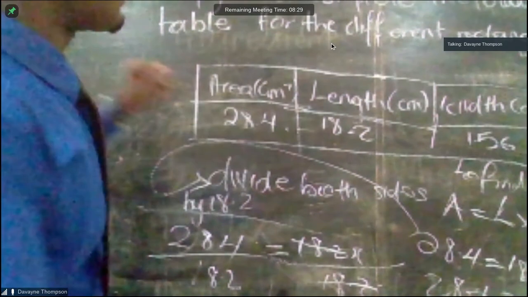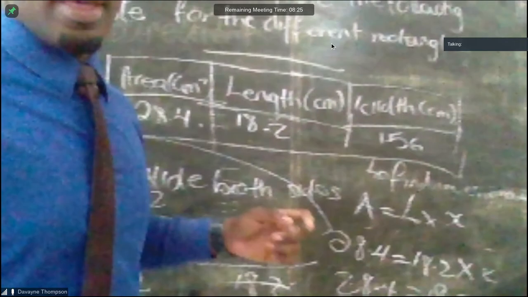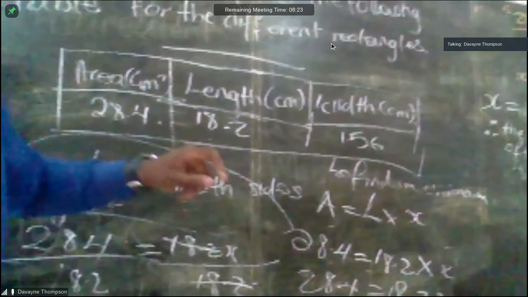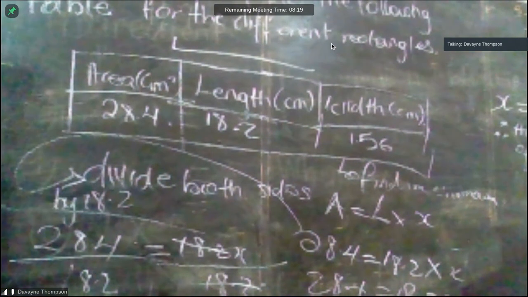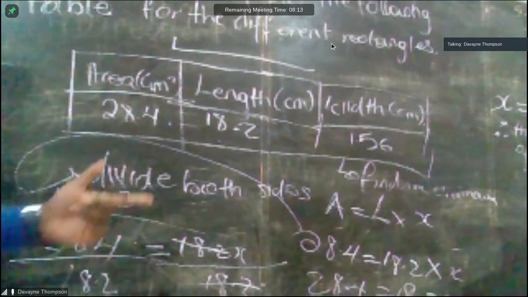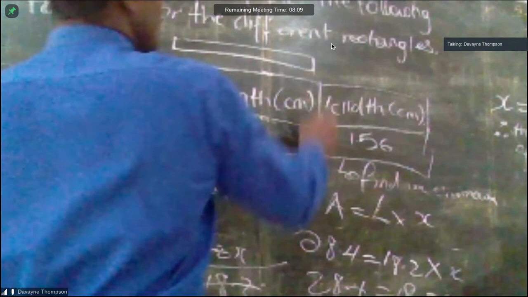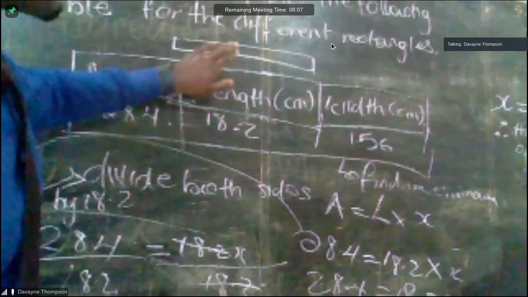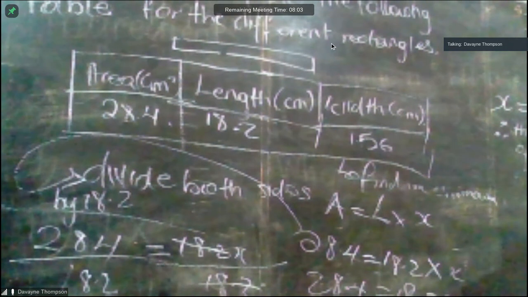If the length is 18.2, and the width is 1.56, isn't it going to be very small? Isn't 1.56 very small compared to 18? So that means our rectangle is like a little pencil. So when you look at it this way, the area is going to be very close to the length. Do you guys see that?